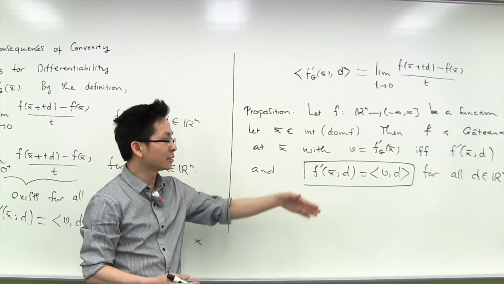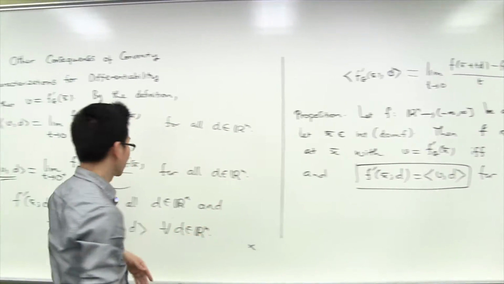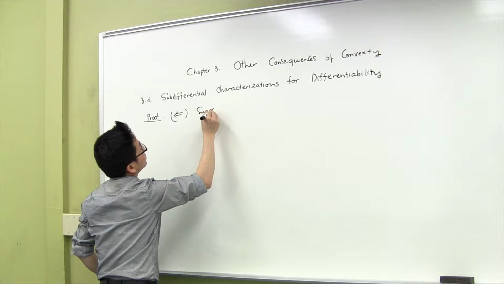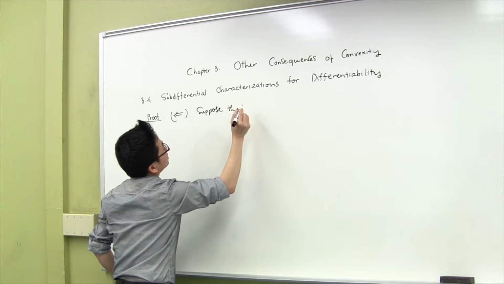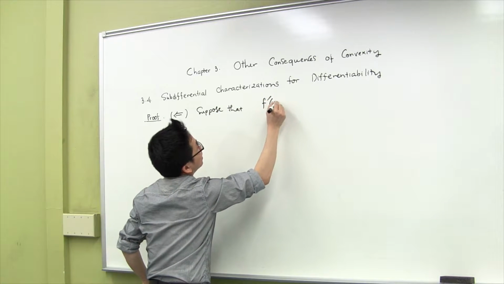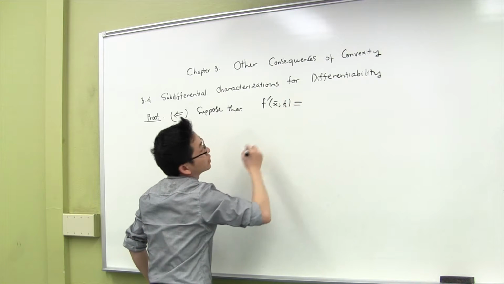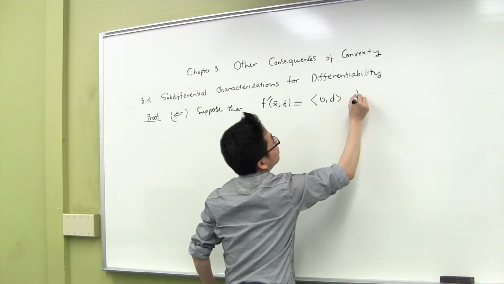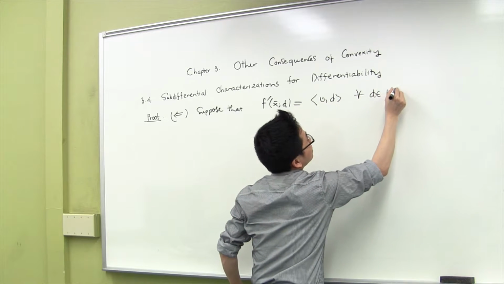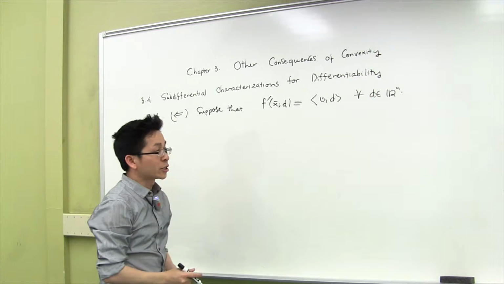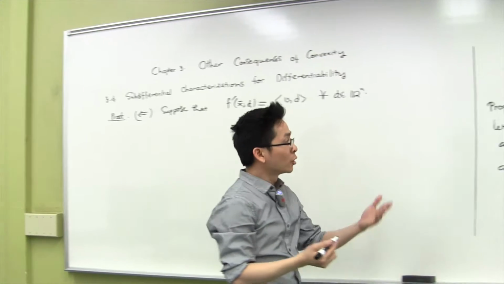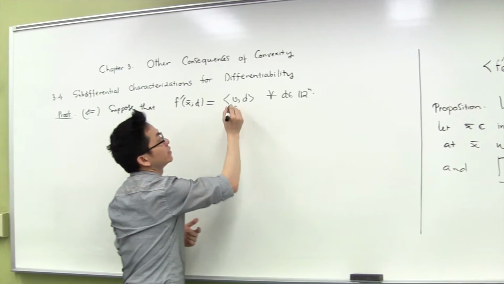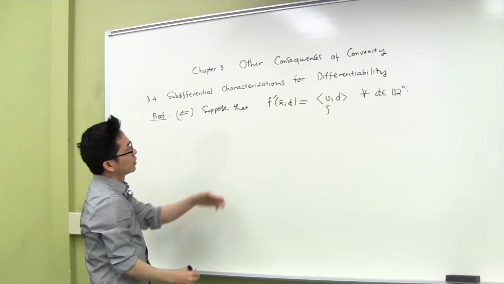Now let me go ahead and give the proof of the converse. For the converse, suppose that f prime of x bar in the direction d exists and is equal to the inner product of v and d for all d in Rn. Let us show that f is Gateaux differentiable at x bar and v is its Gateaux derivative.